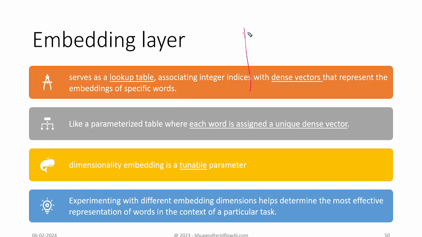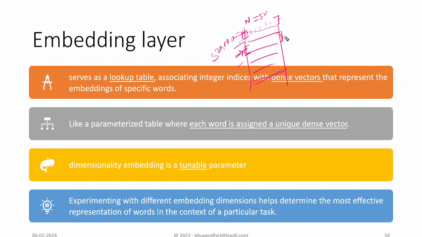Let's say this is the table, and the vocabulary size is 50,000, and each row is for one word. The number of dimensions of the embedding, let's say, is 50, so there will be 50 columns. One vector will be for a particular word, and similarly for this word, that's the vector representation.